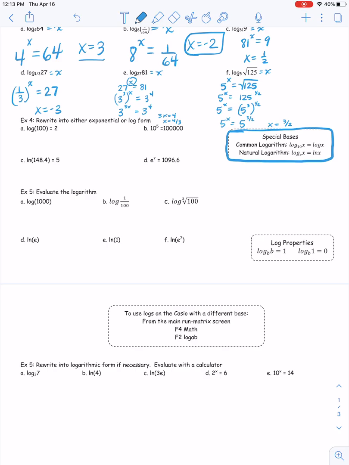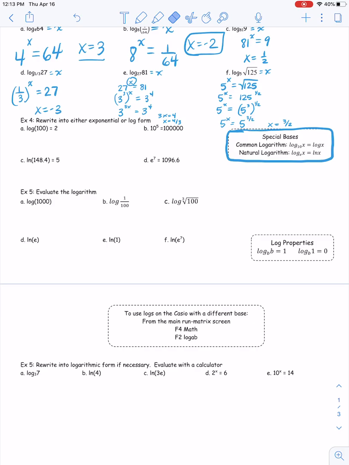That is the common logarithm base. So when you don't write a base, you are telling the audience that you are using a base of 10. Just like when we put x, technically that's x to the first power, but we don't have to write that exponent of 1 because it's understood. So if we just put the log of some number equals whatever, then it is understood that there is a base of 10 there.